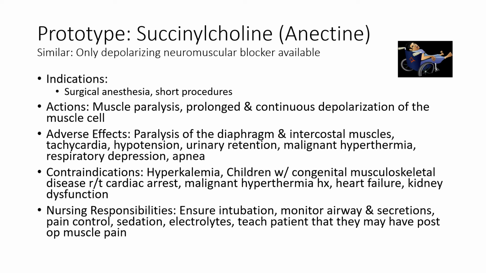Those muscles haven't been stimulated in months to years, and now you're injecting them with succinylcholine. And remember what succinylcholine does, it stimulates the muscle first for the first 60 seconds. Because these muscles haven't been stimulated in so long, they're going to release large amounts of potassium.